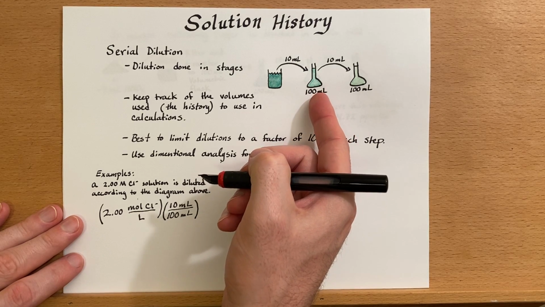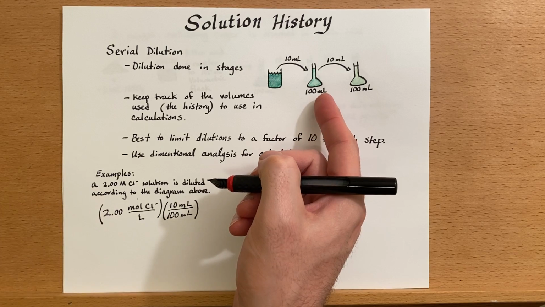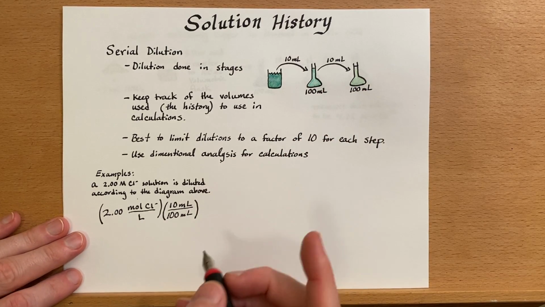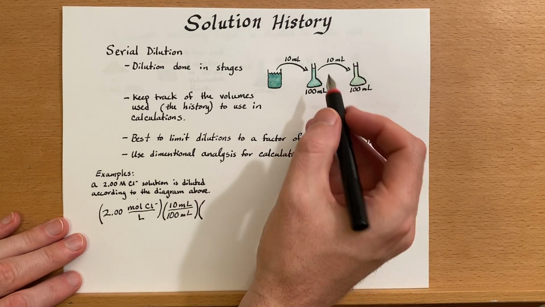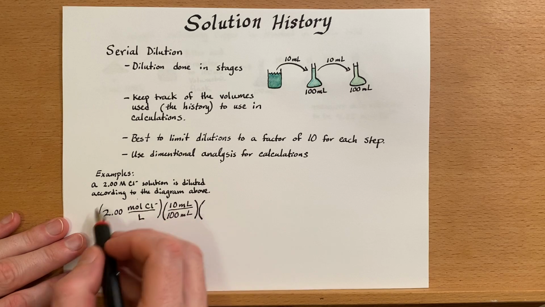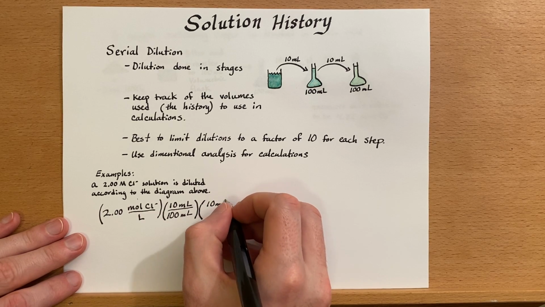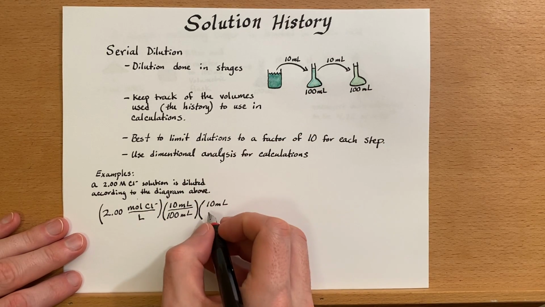I take 10 milliliters of that solution and dilute it into 100 here. So I'm going to do the same step over again. I take 10 milliliters of the concentration that I now have, and I place it into a 100 milliliter flask.